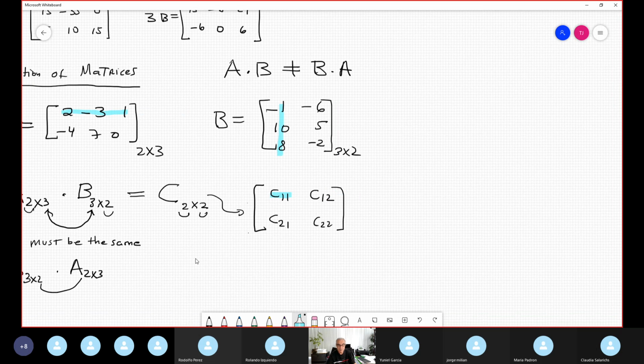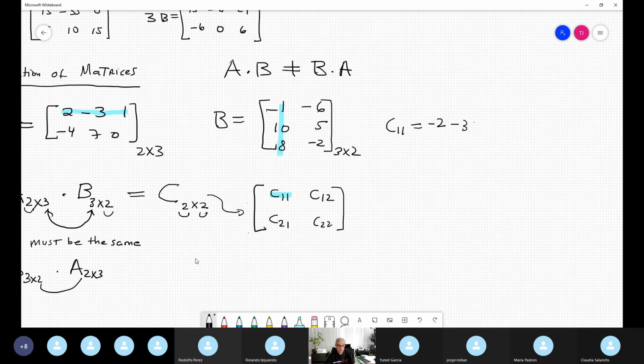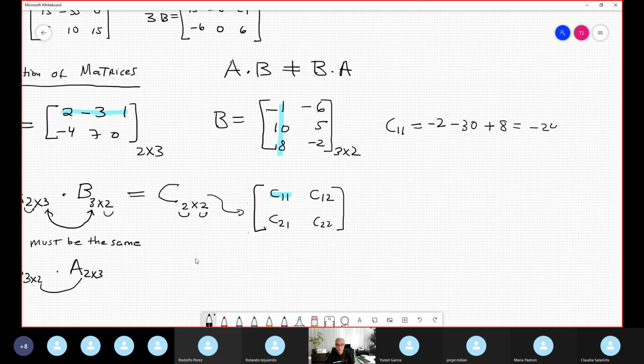C11 is equal to 2 times negative 1, which is negative 2. 3, negative 3, sorry, times 10 is negative 30. And 1 times 8 is positive 8. And the answer is negative 24.